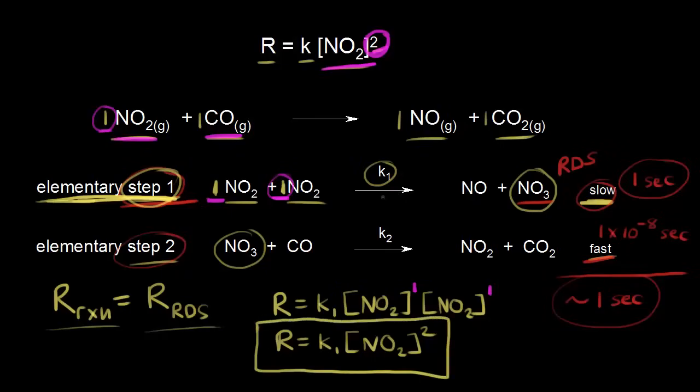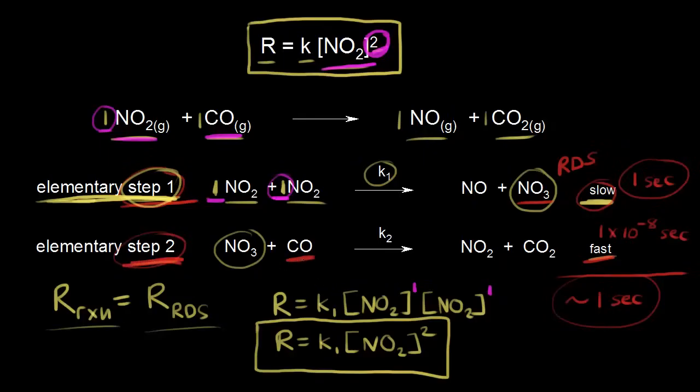And so we see that this rate law that we just wrote has the same form as the experimental rate law. And so our mechanism is consistent with the experimental rate law for the overall reaction. So our overall reaction is second order in nitrogen dioxide and 0 order in carbon monoxide. Notice that carbon monoxide doesn't appear until the second step, right?